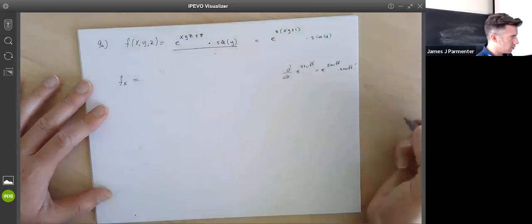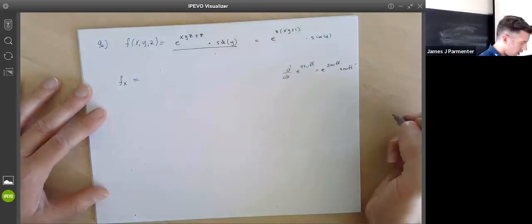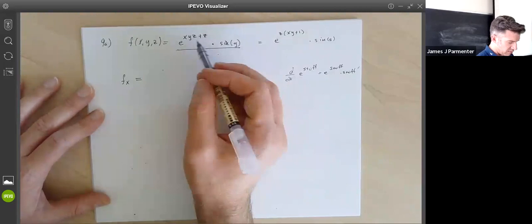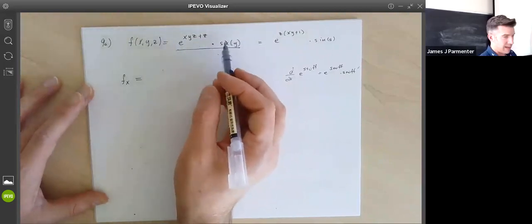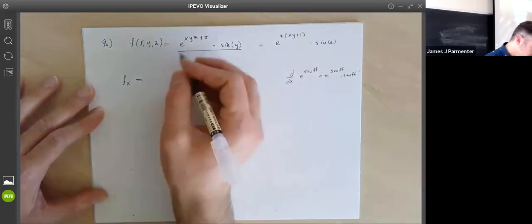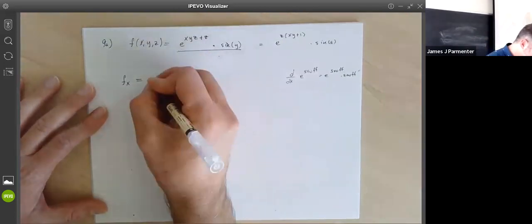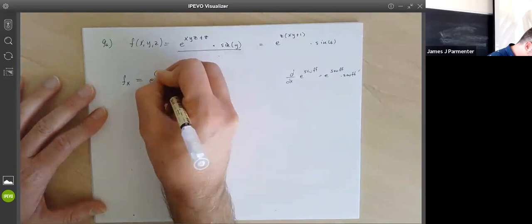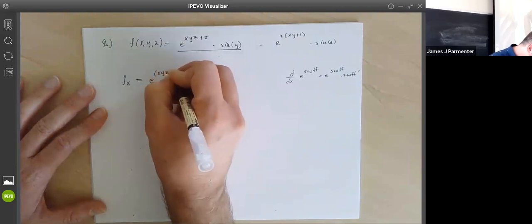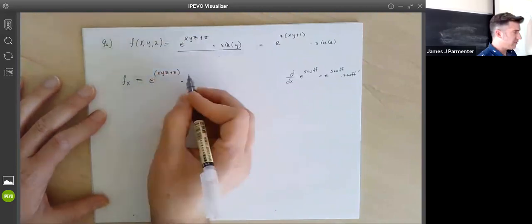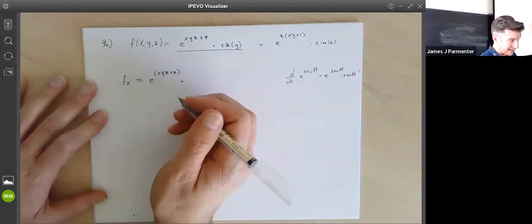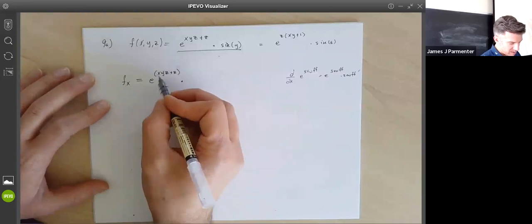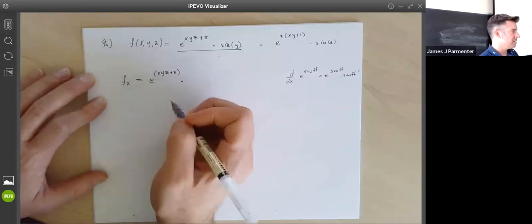It's just the good old chain rule once again. So for this function, the derivative of e to a function times a constant, that constant's going to hang out. I might even write it in front, but I won't. So the derivative of e to the stuff is e to the same stuff times the derivative of that stuff with respect to x. So can someone tell me what the derivative of xyz is?